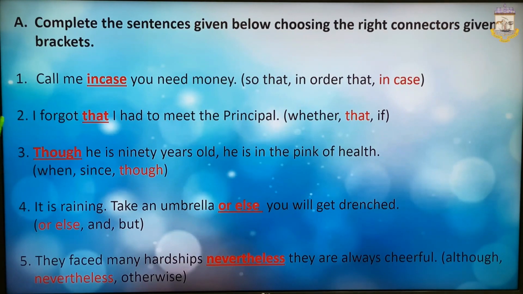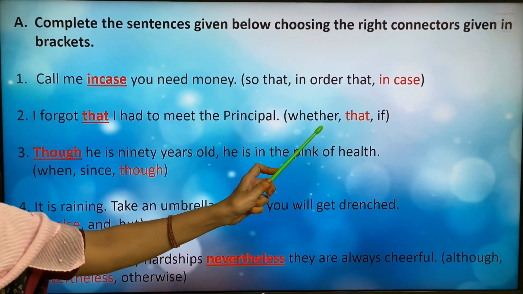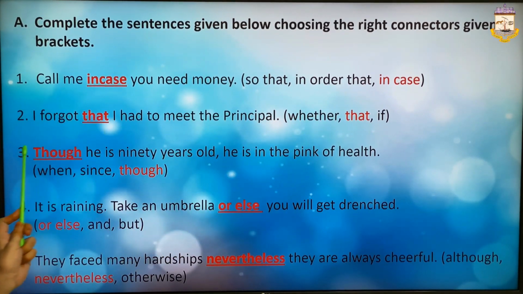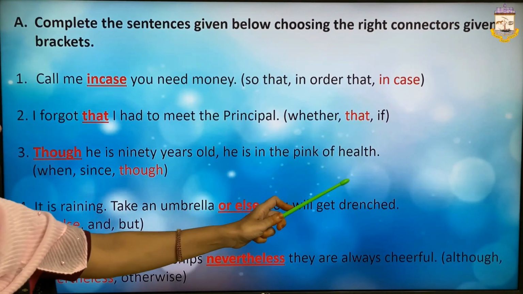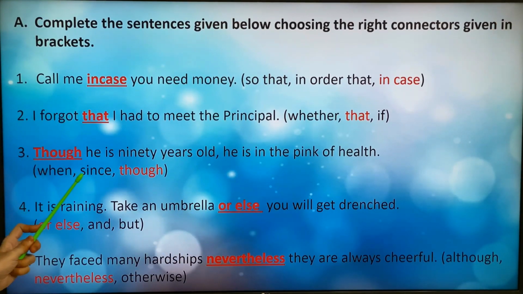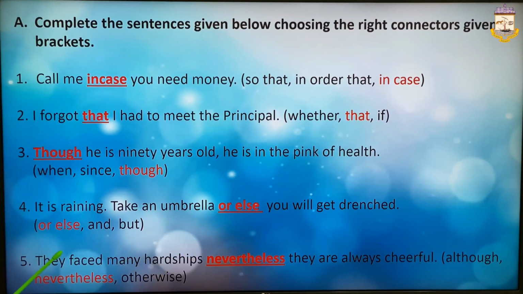Is it clear, children? I forgot dash, I had to meet the principal. Which will be the right connector, children? Tell me. Excellent. That. Dash is 90 years old. He is in the pink of health. When, since, though. Which is the right answer? Very good. Though. It is raining. Take an umbrella. Dash, you will get drenched.